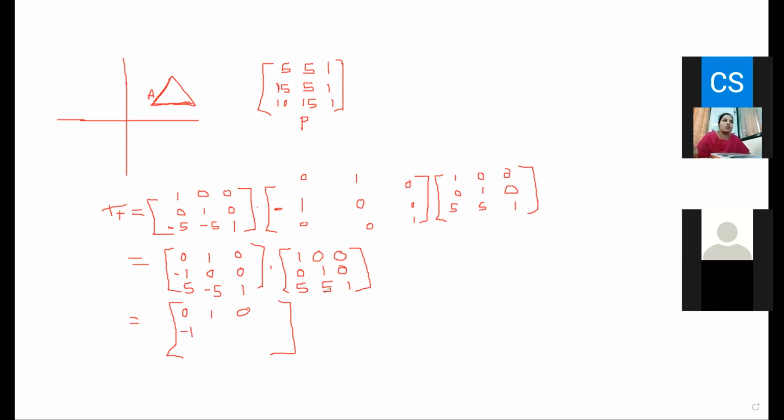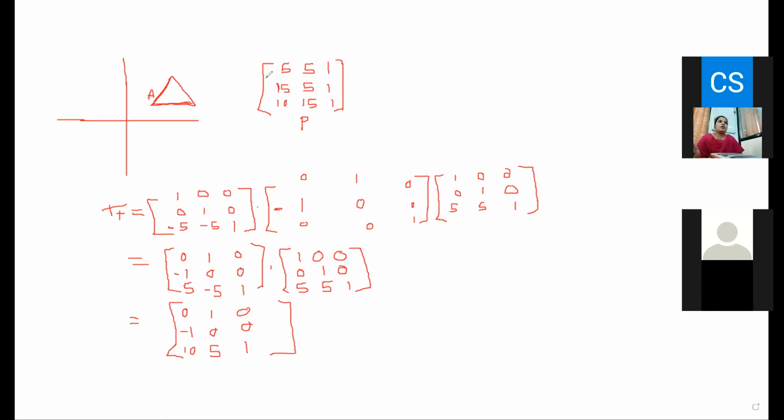Second row, second column is 0, and second row, third column is also 0. The third row, first column is 5, 0, and 5 here. So 5 plus 5, I will get 10. Then this row, second column, 5 minus 5 is 0, plus 5 is 5. And next, third row, third column, so 0, 0, and 1 as it is. So this is your T total.